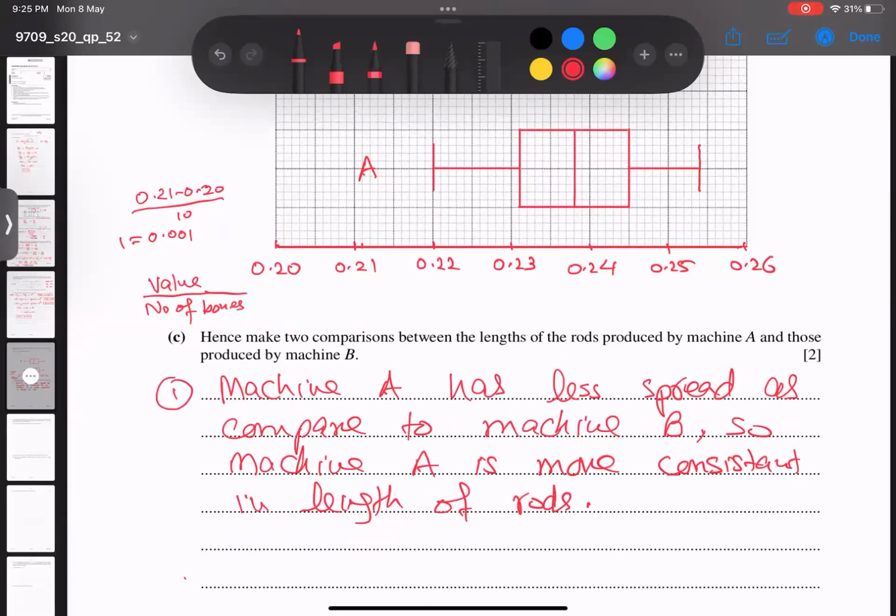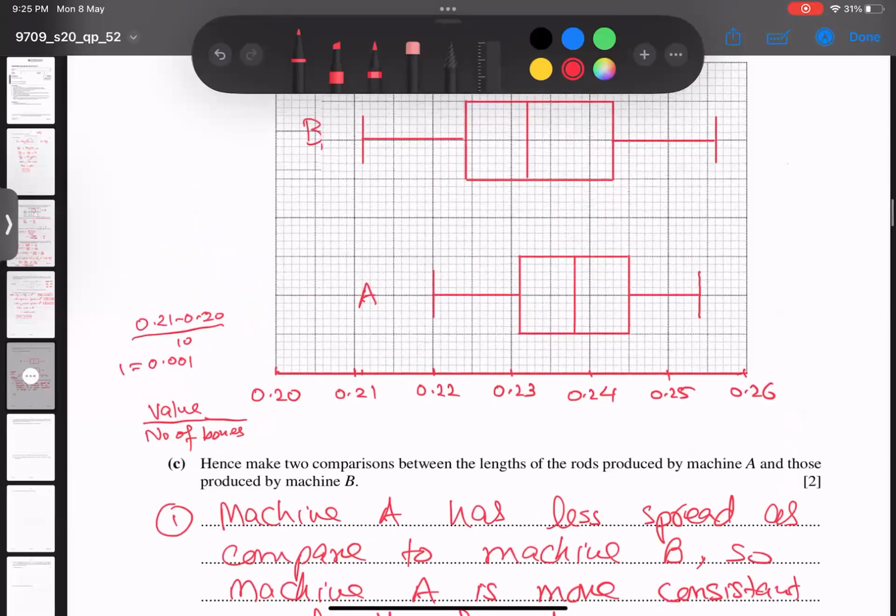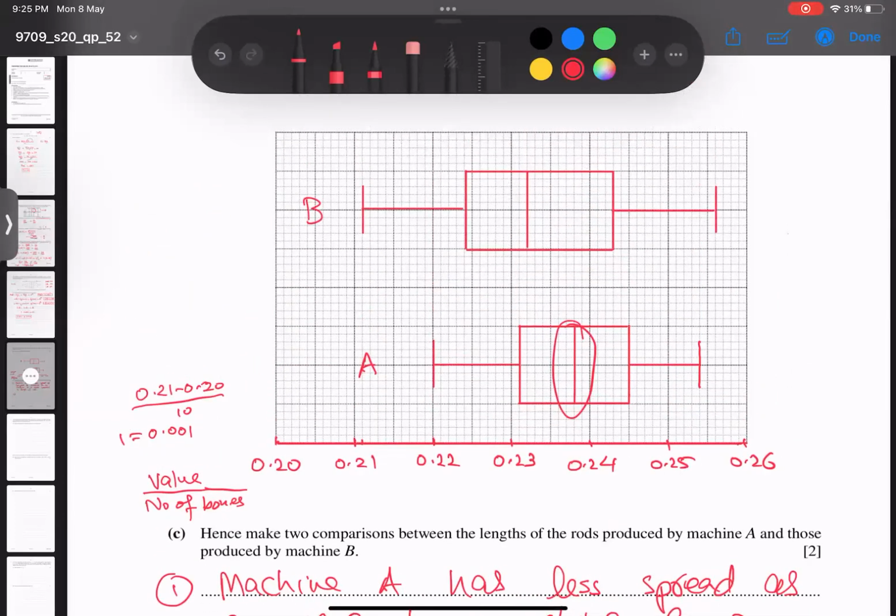Number one is consistency. Number two, I can say that the median part is very important.